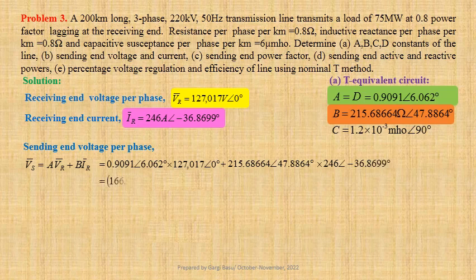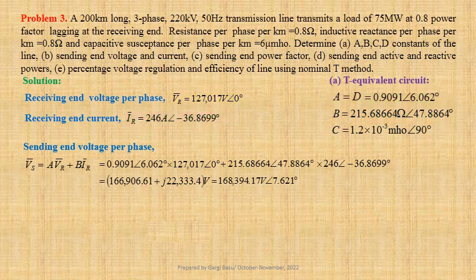That gives us 166,906.61 plus j times 22,333.4 volt. This may be written in polar form as 168,394.17 volt at an angle 7.621 degree.